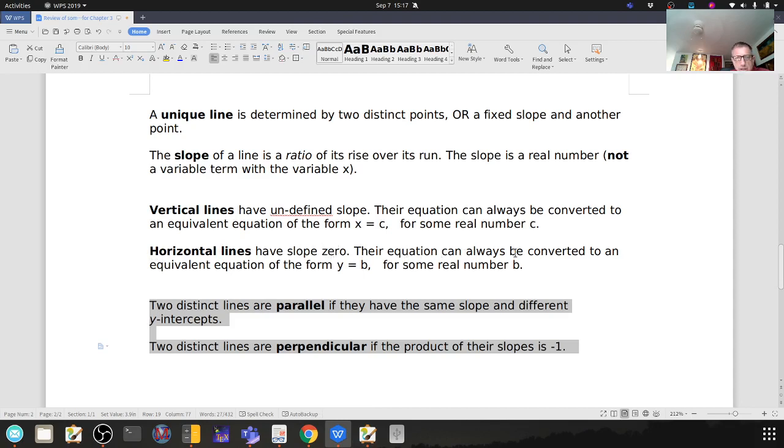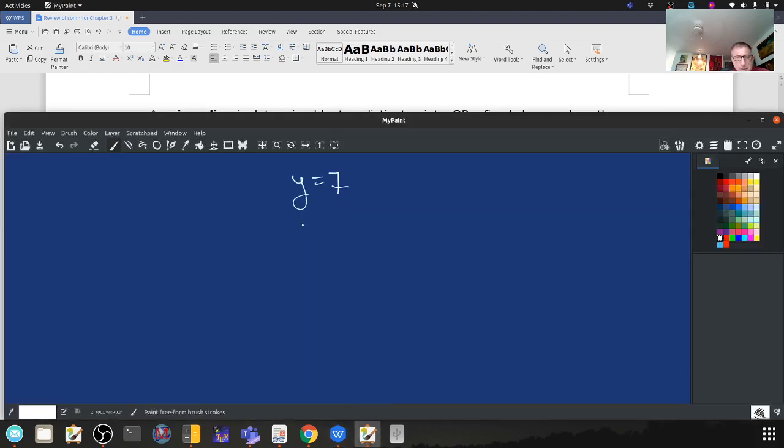Their equation can always be converted to an equivalent equation of the form y is equal to b. So if you just have that written down, you know this is a horizontal line, and the slope is equal to 0.